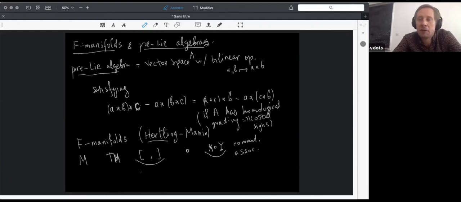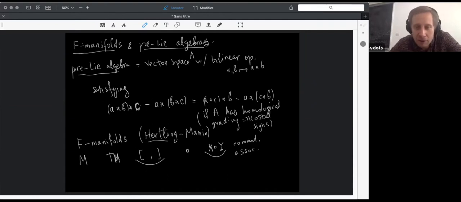And of course, usually when you see a commutative product and the Lie bracket, your first reaction is probably that the compatibility relation is the Leibniz rule, which defines the Poisson algebras. F-manifolds, the algebraic structure that appears here, can be viewed as a weakening of the Poisson identity. And so I will give you two equivalent definitions now.